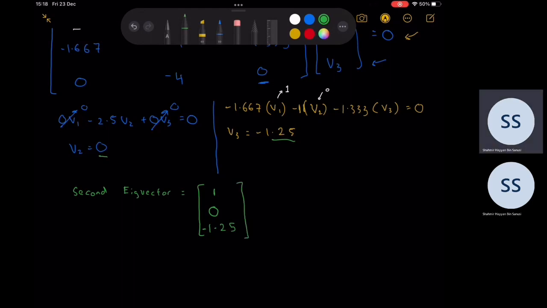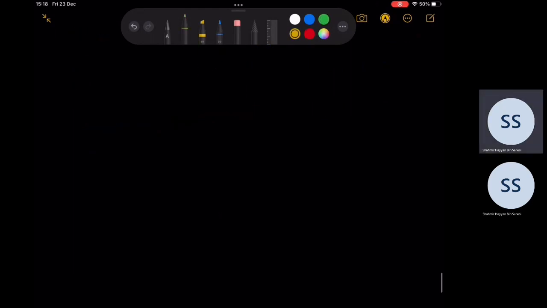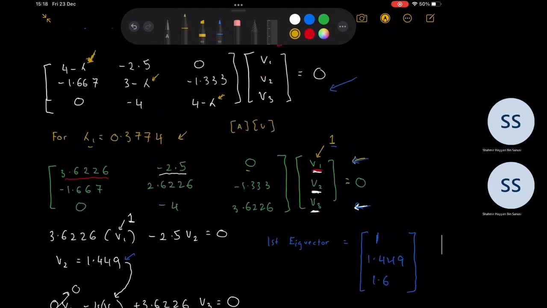All right, remember that I mentioned there are 3 eigenvectors when there are 3 degrees of freedom. The same thing, in order for us to obtain the third eigenvector, we need to use lambda 3, whereby lambda 3 is 6.6226. So this is our lambda 3.